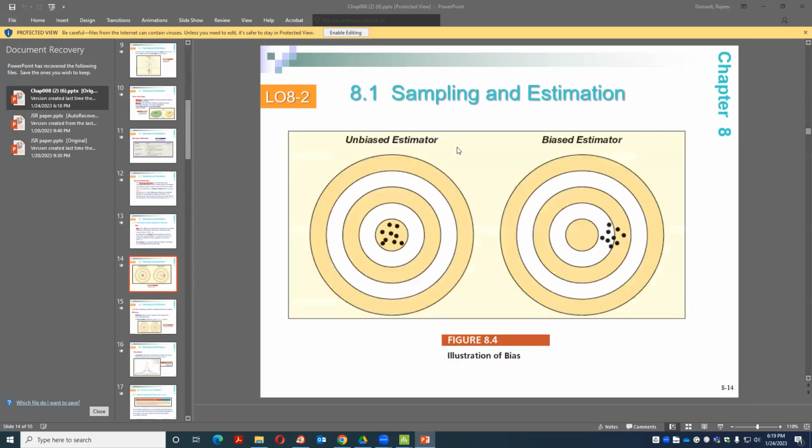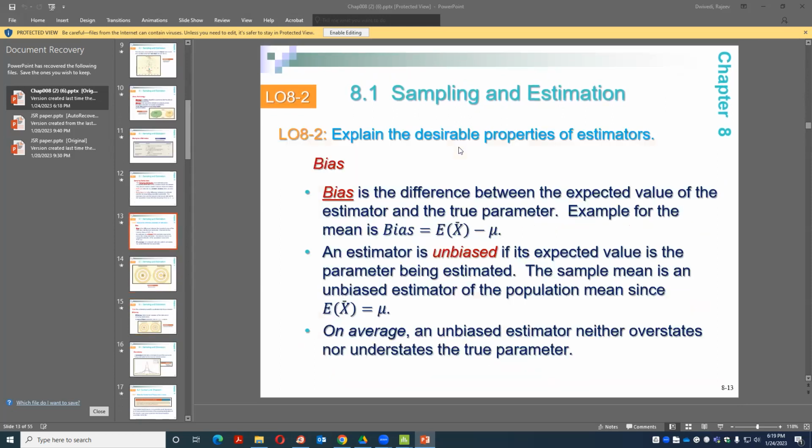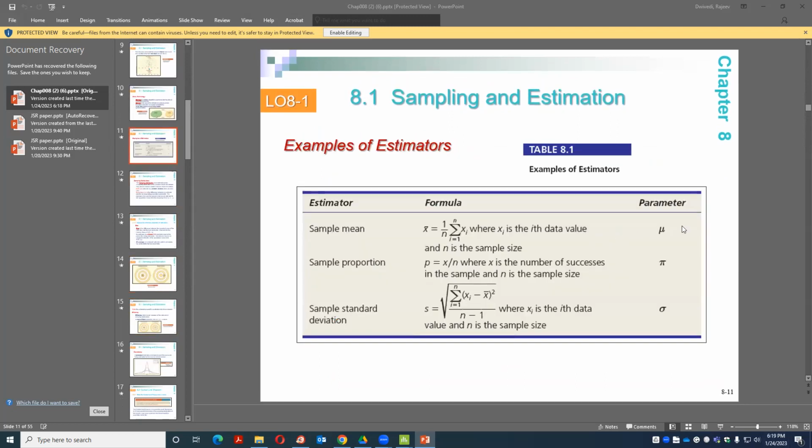One is the mean, second is the proportion, third is the standard deviation. So we are going to estimate these things. What is the population mean? What would be the population proportion? What would be the population variance or population standard deviation? These are the three things we can do.